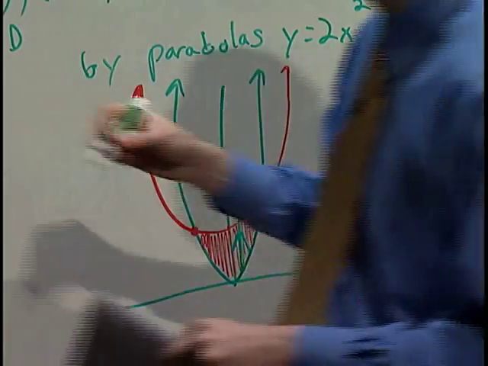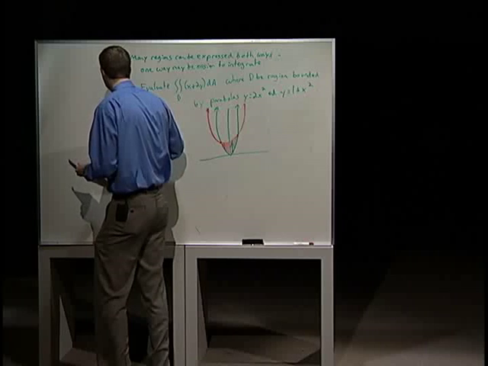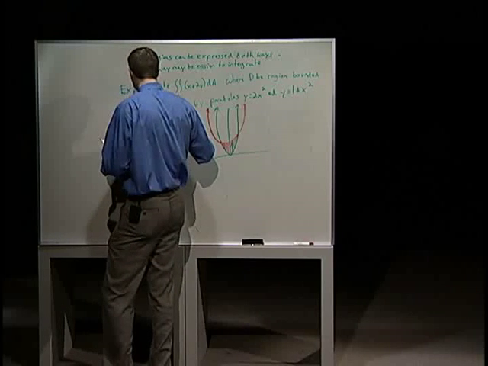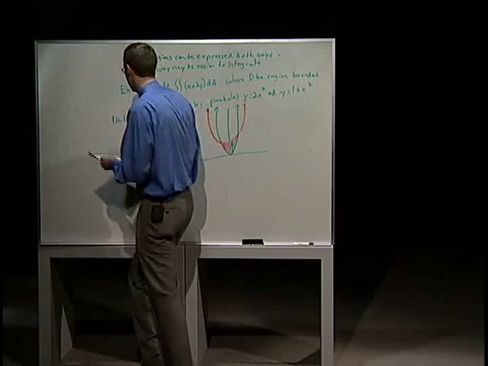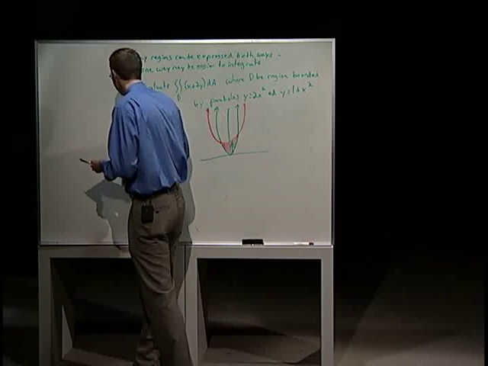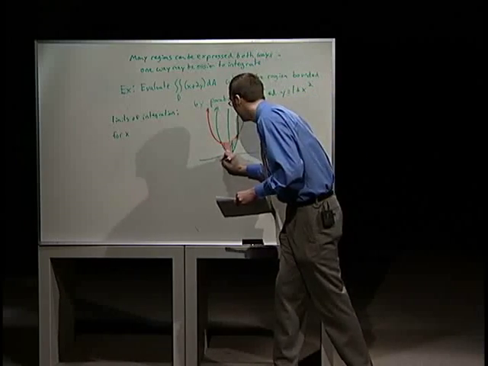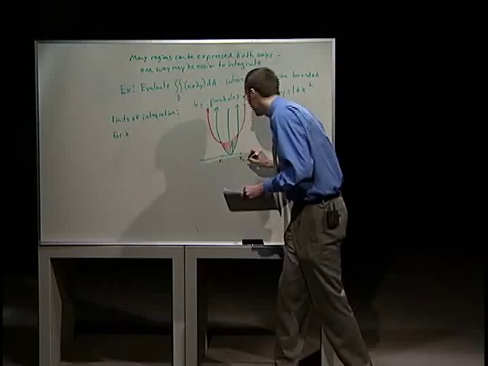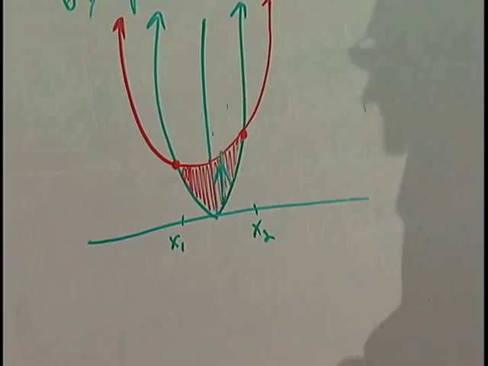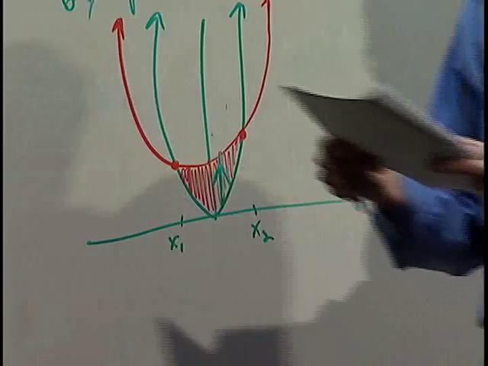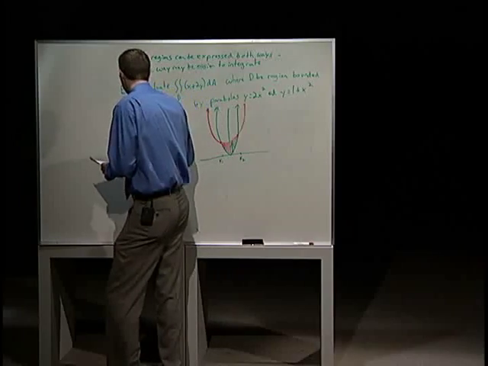Okay, so for the limits of integration, the x values we want to be constants. In particular, we want this value there and that value there. That's where the x limits are, so we need to figure out where the two parabolas cross, those two crossing points.